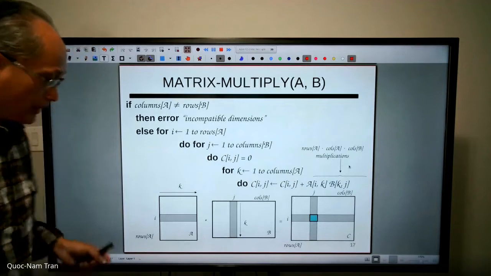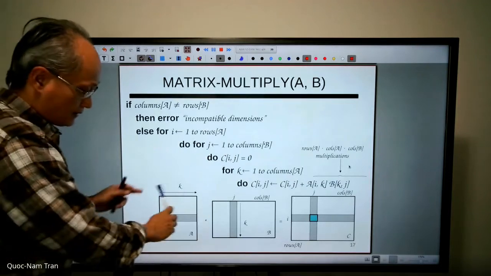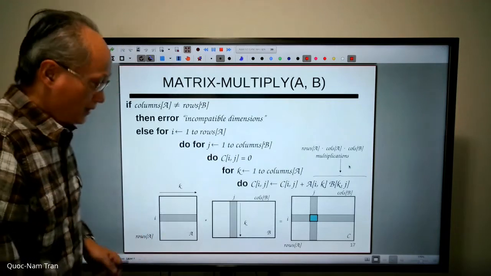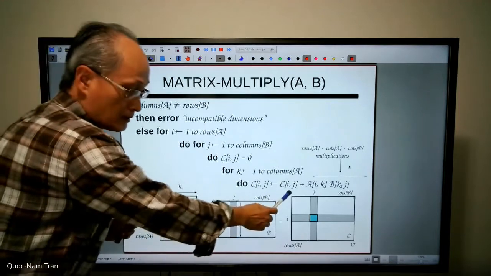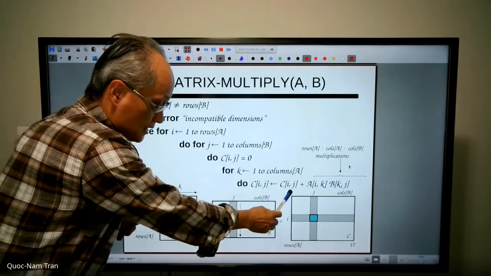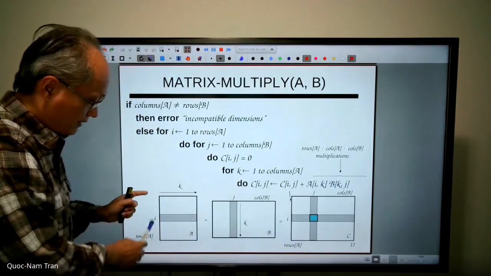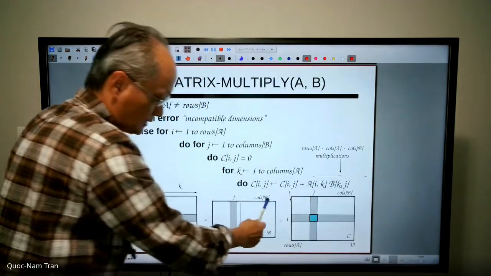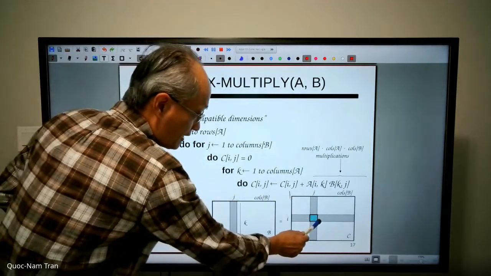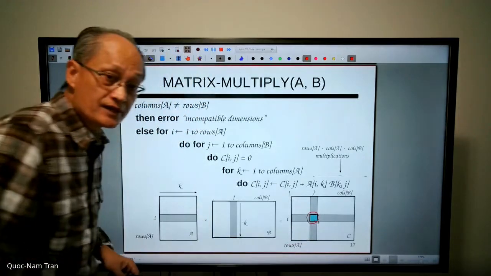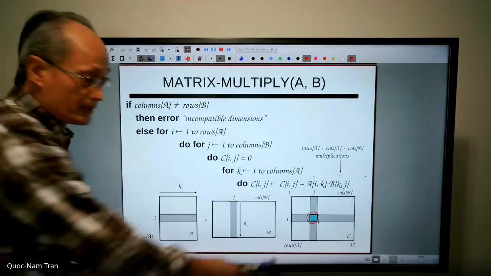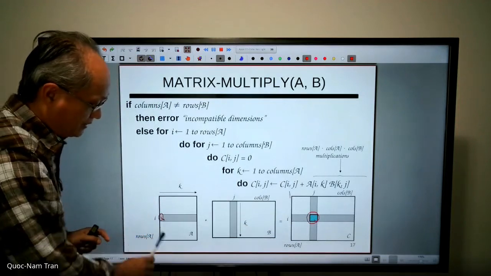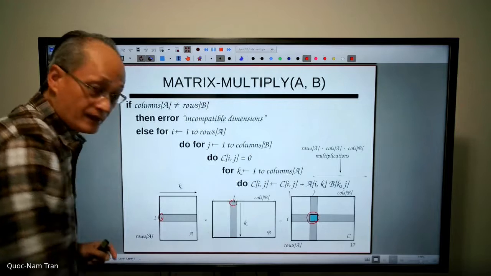Because when we have two matrices, say A and B, and multiply them, we'll have a result that has the same number of rows as A and the same number of columns as B. Every element in this resulting matrix will be the accumulation of multiplying one element here with one element here.